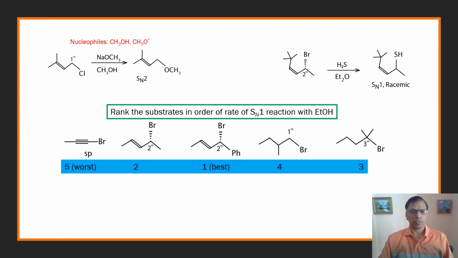So you can see that this is an sp carbon. Nucleophilic substitution or elimination reaction will not occur at an sp2. Therefore, this is the worst substrate for an SN1 reaction.